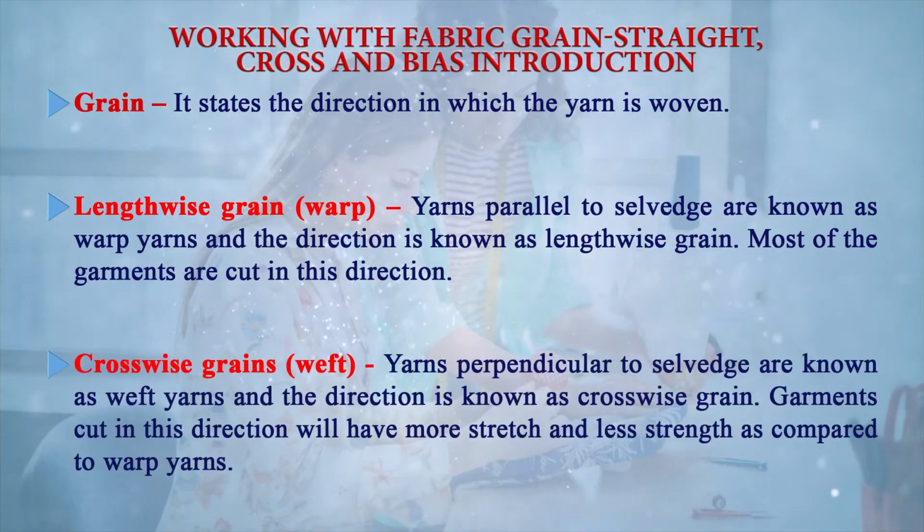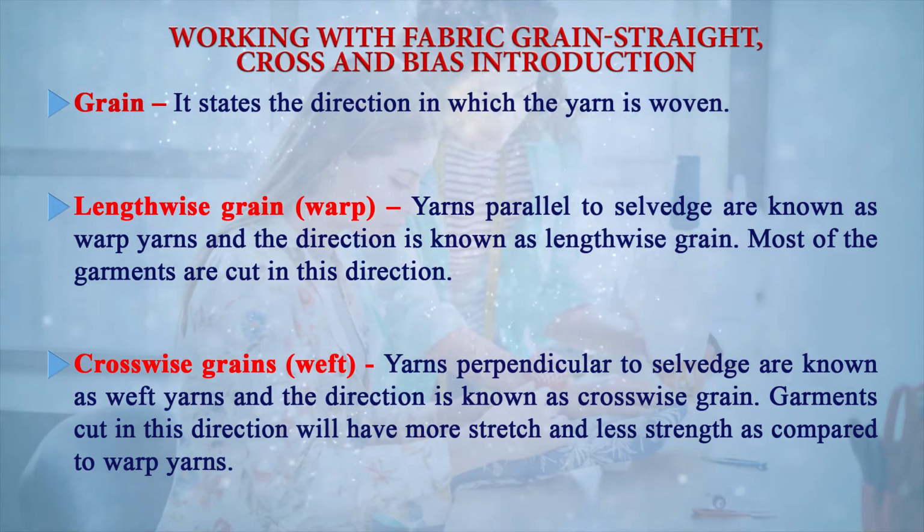Then we have the crosswise grain, which we call the weft direction of the fabric. The yarn which is perpendicular to the selvage is known as the weft yarn, and the direction is known as the crosswise grain. A garment cut in this direction will have more stretch and less strength as compared to the warp yarn.